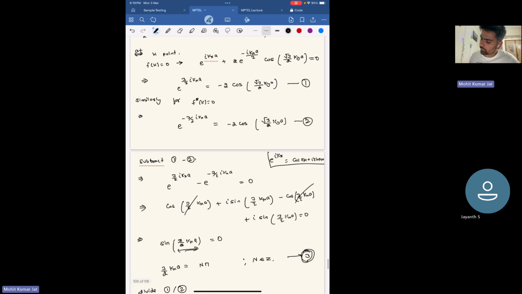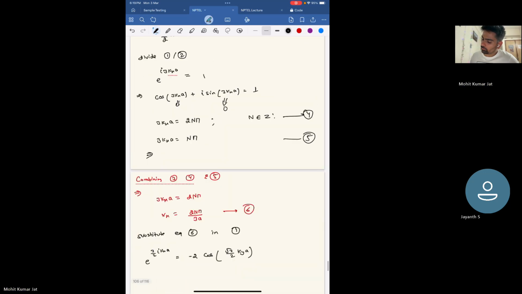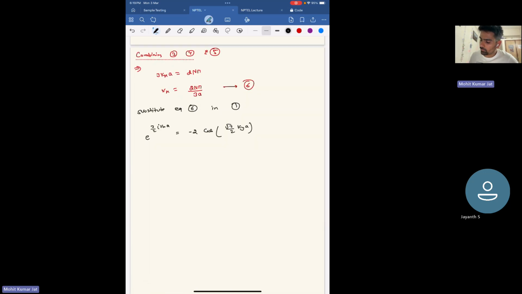So if I substitute 6 in 1, e to the power 3/2 i k, instead of kx it will be 2n pi by 3a, hence equals minus 2 cosine root 3 by 2 k by a.